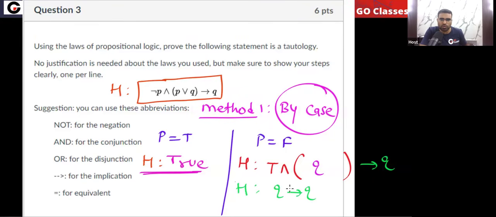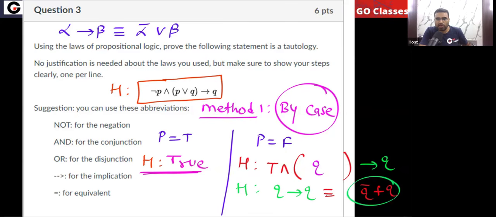What is q implies q? Remember, alpha implies beta is the same as alpha bar or beta. So q implies q is q bar or q, which is true.